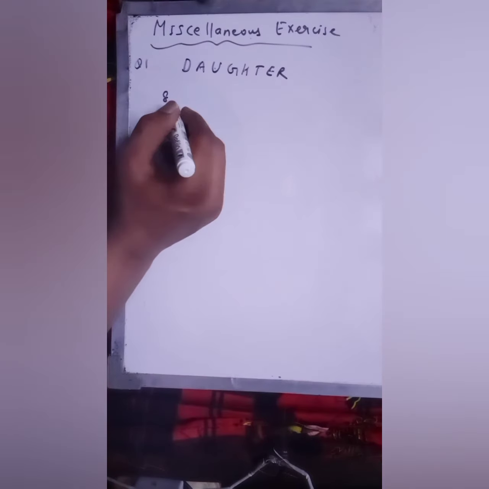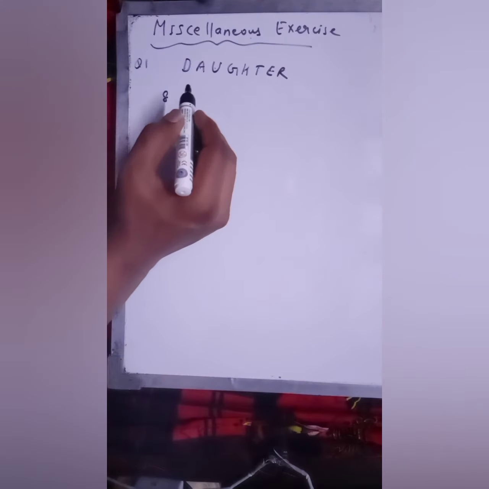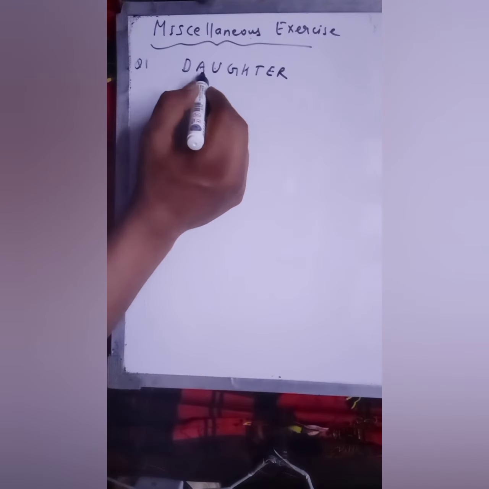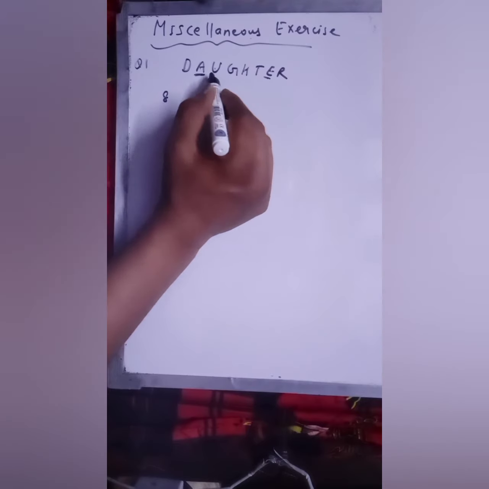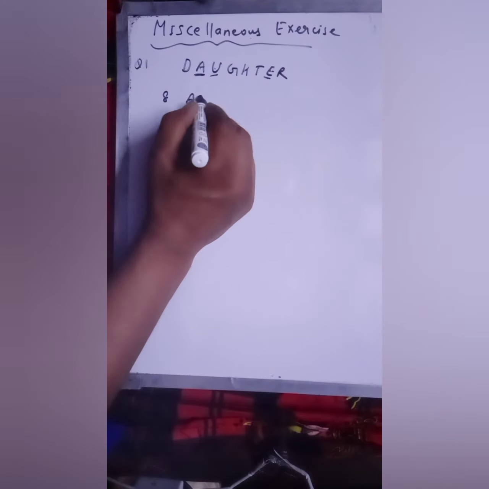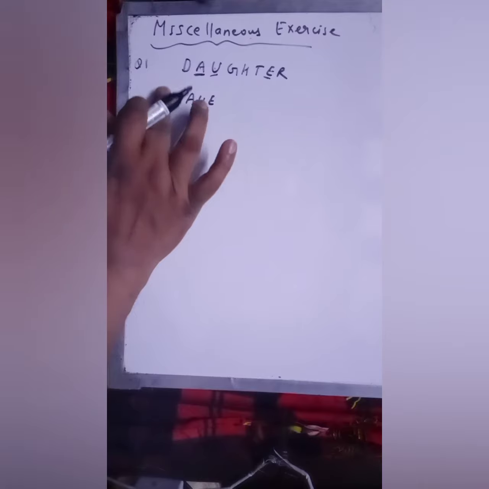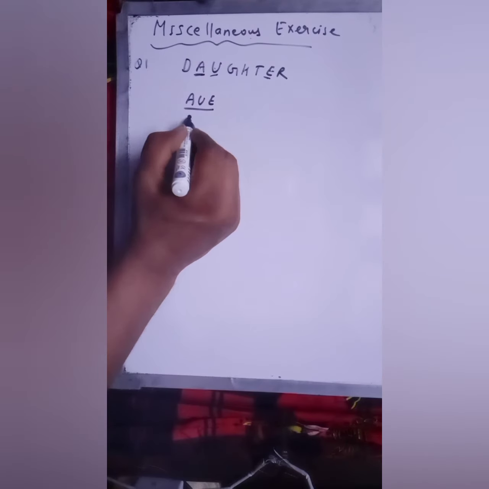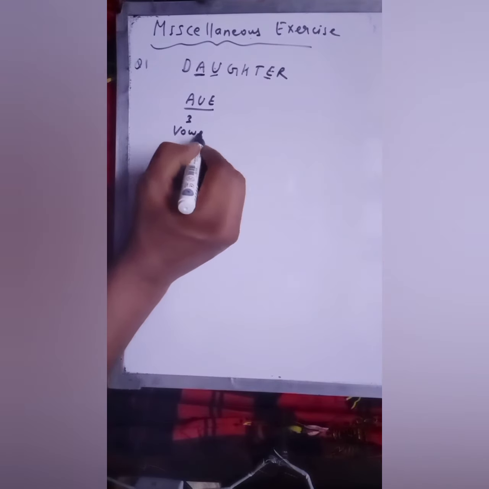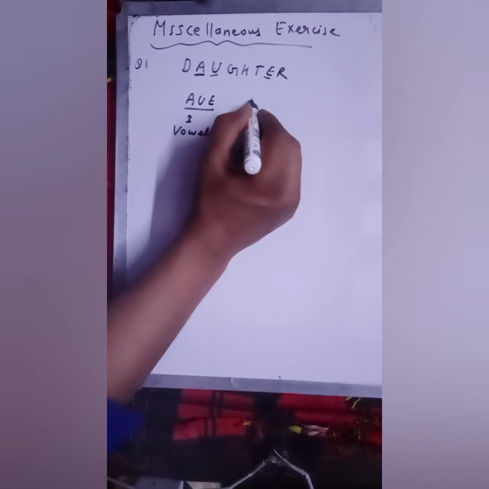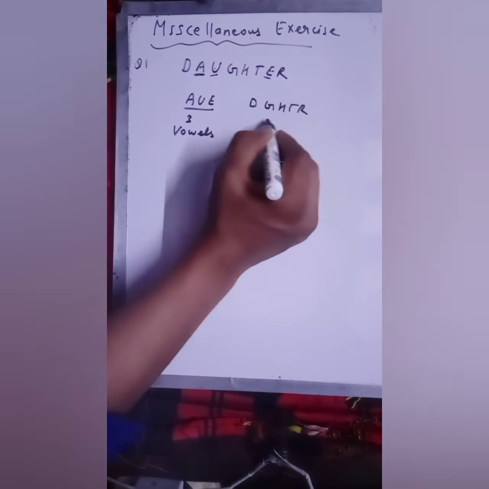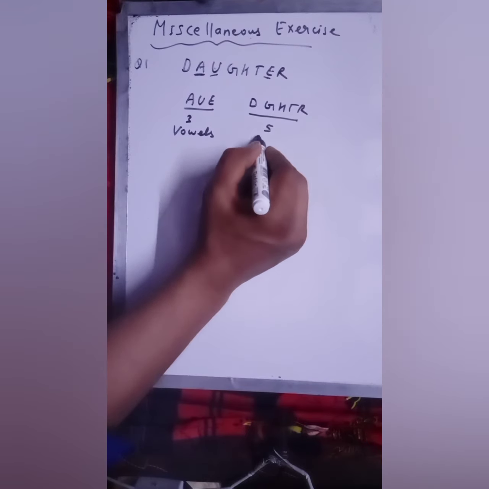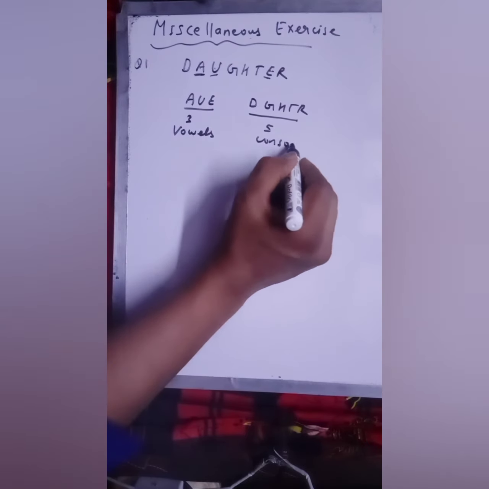First of all, you have to check how many vowels there are. This is first, second, third: A, U, E. There are three vowels. Consonants are D, G, H, T, R. There are 5 consonants.